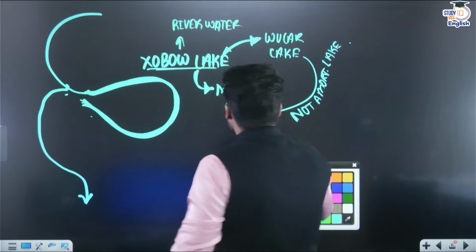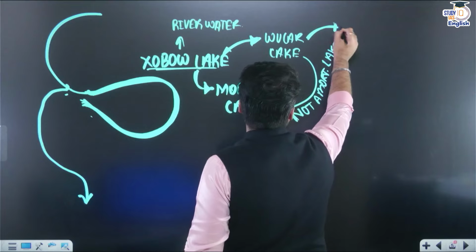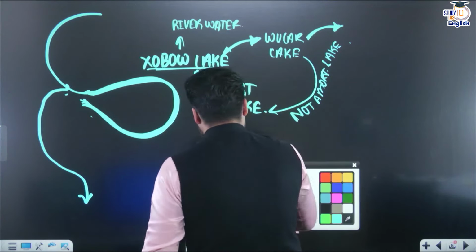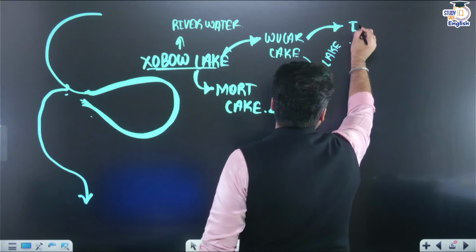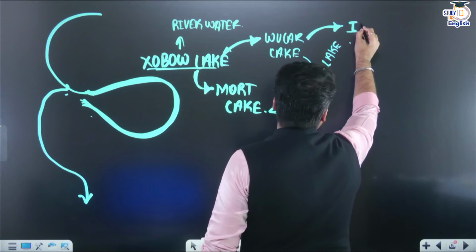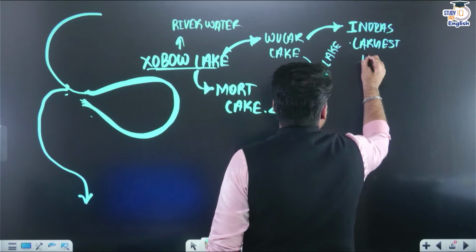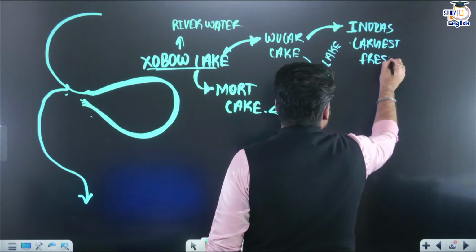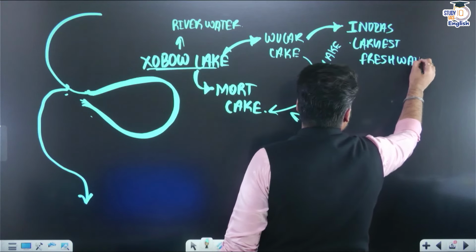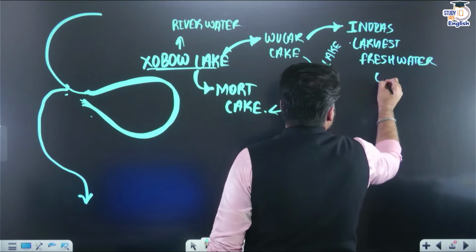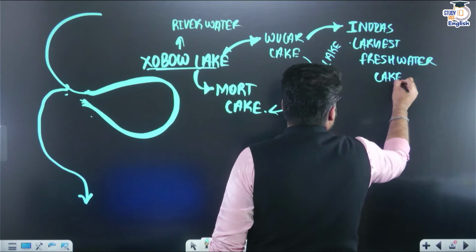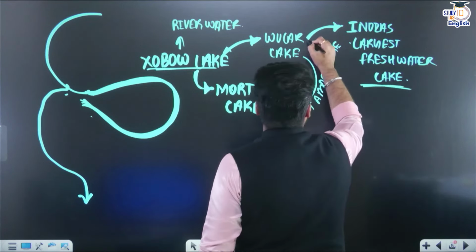Write it down that Wular Lake is India's largest freshwater lake. This is India's largest freshwater lake, Wular Lake, situated in Srinagar.